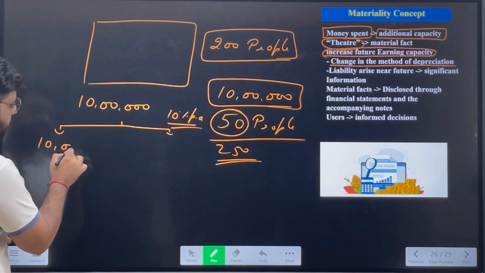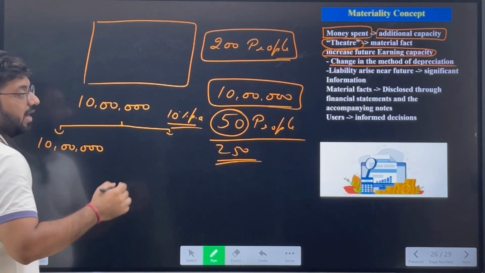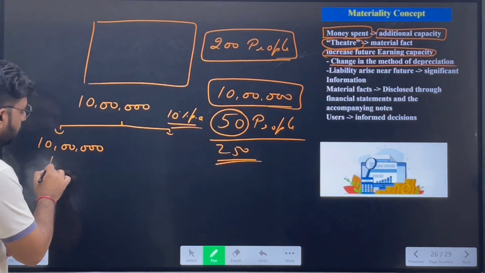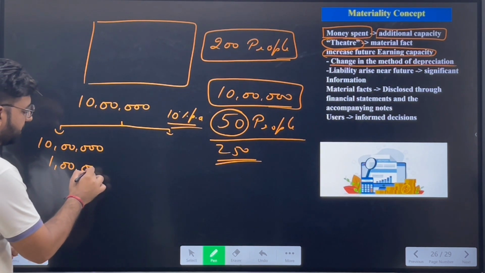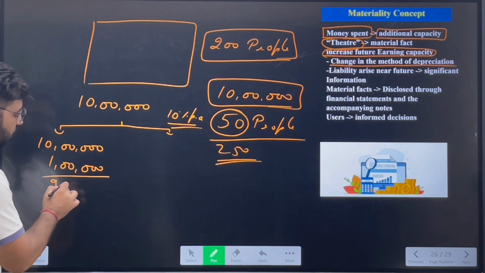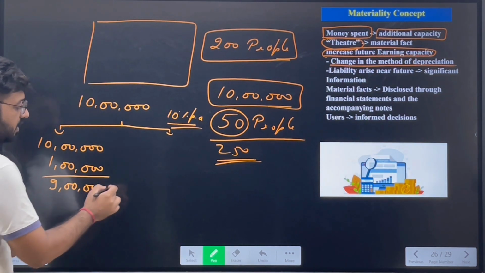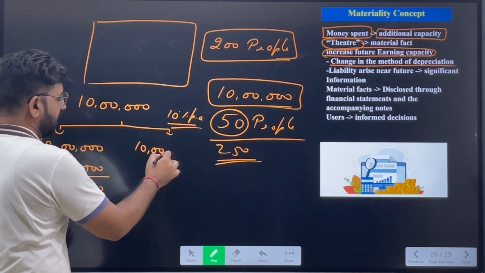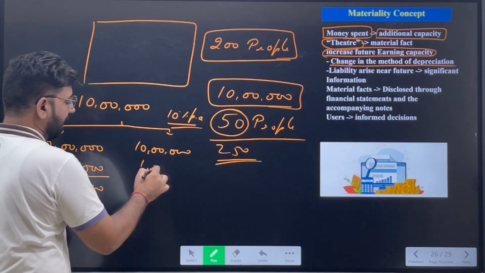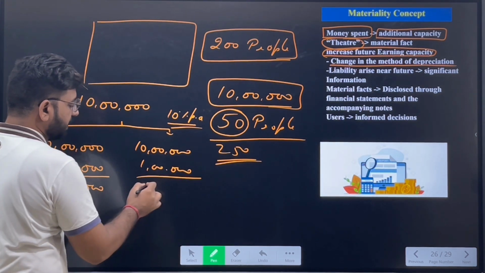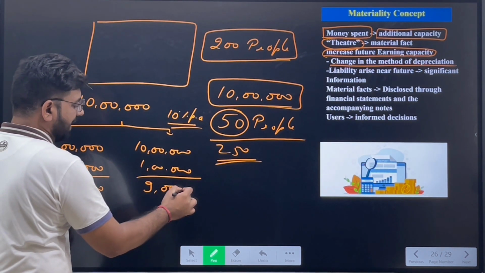In the first year, the depreciation, that is the amount which I will reduce, will be 10% of 10 lakhs, that is 1 lakh. The remaining amount left with me will be 9 lakhs. The second scenario also is the same, that is 10 lakhs minus 1 lakh, and the remaining amount left with me is 9 lakhs.